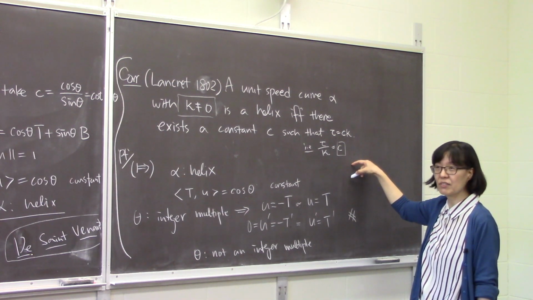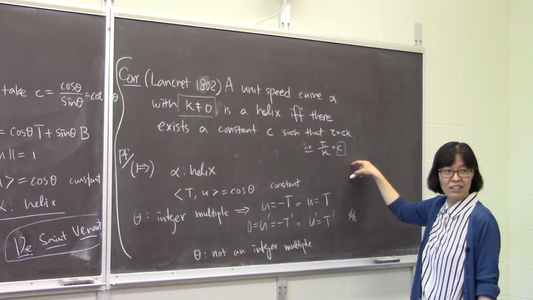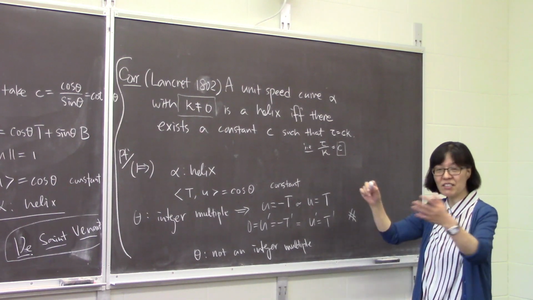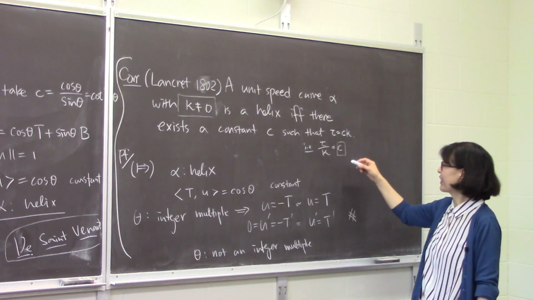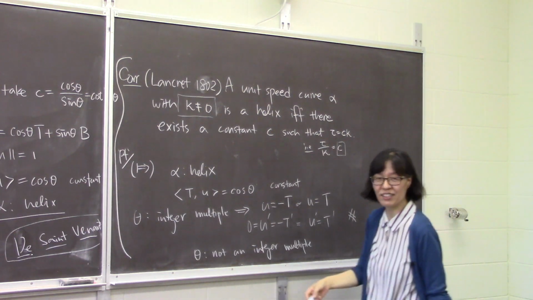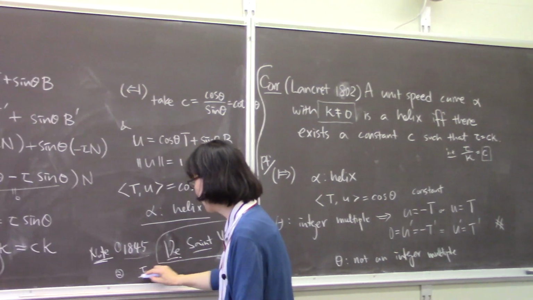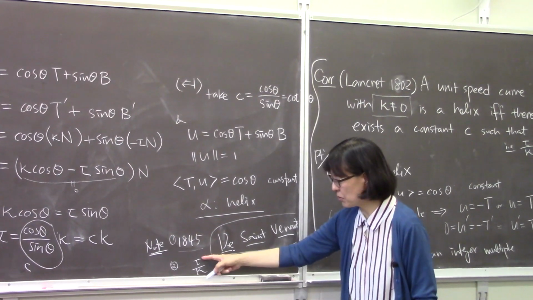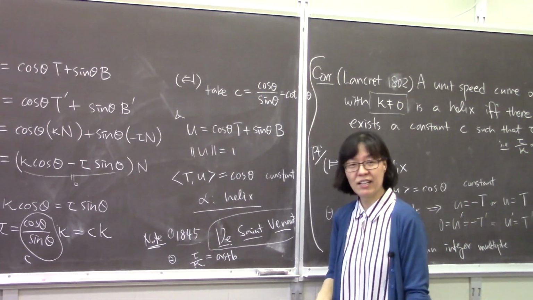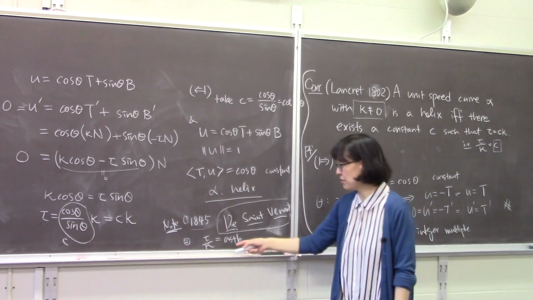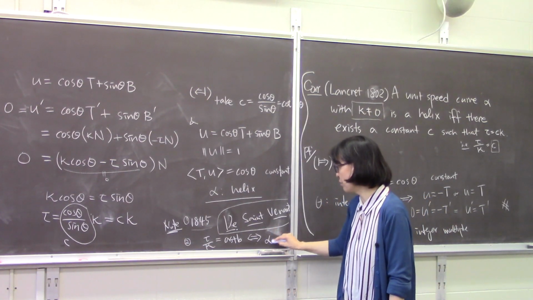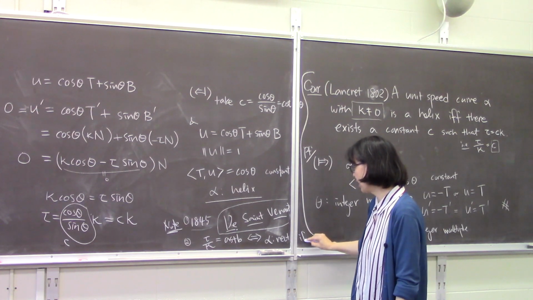Constant and we have many kinds of functions, but a linear function, right? So the ratio of torsion and curvature is a linear function. If the ratio satisfies this, then it is known that alpha is a rectifying curve.